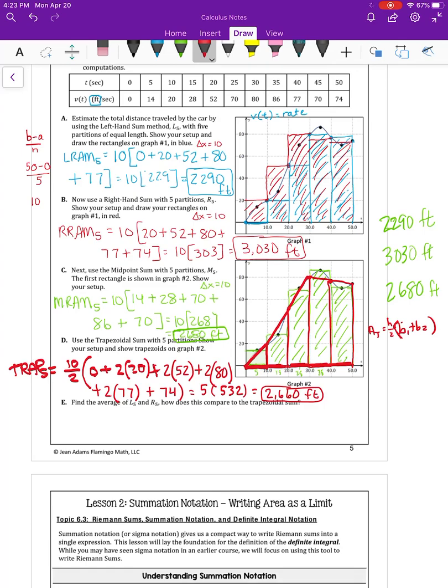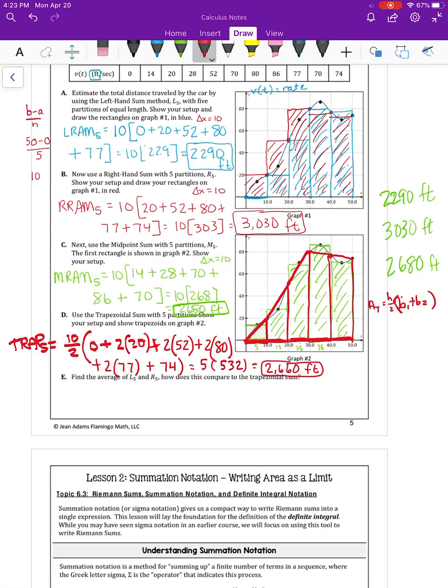So if we simplify this, we get 5 times 532. And that's going to give us 2,660 feet. And there's very little error in this one.